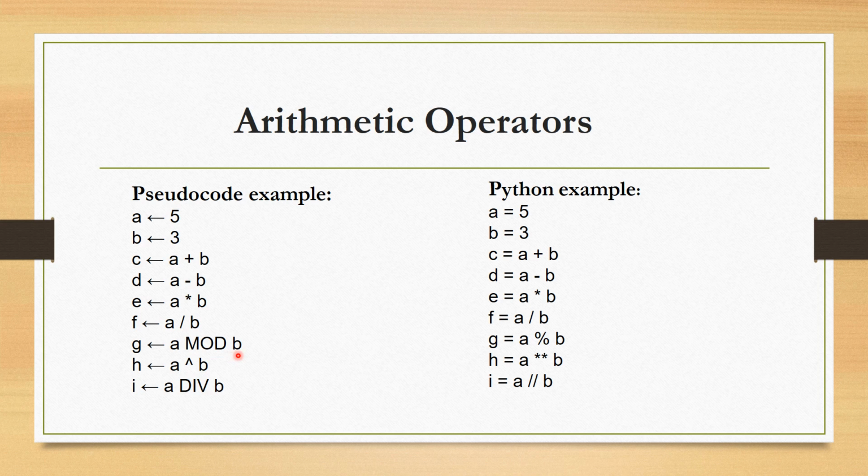A mod B: modulus will return the remainder, right? So 3 into 5 leaves 2. A exponent B, right? So 5 power 3 will be 125. A div B will give you the whole value, that is going to be 1.